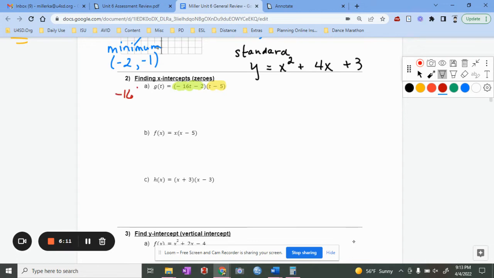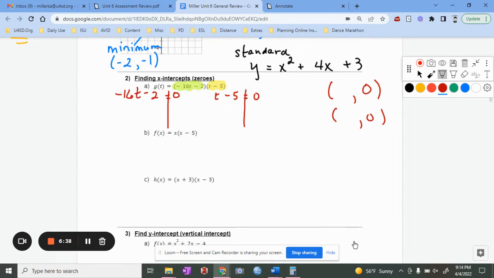So negative 16t minus 2 equals 0, and t minus 5 equals 0. And what we are going to do is solve each of these for that t value, because our x-intercepts are going to be those two ordered pairs. It's just what goes here in the blank.